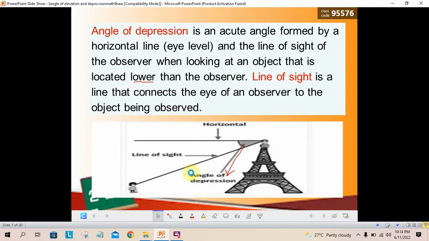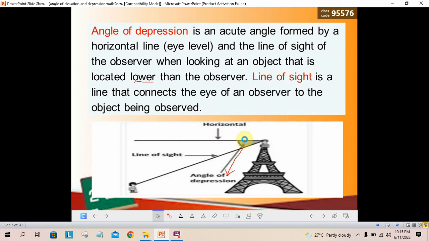Angle of depression is an acute angle formed again by a horizontal line, the eye level, and the line of sight of the observer when looking at an object that is located lower than the observer. If this is your observer and this is the horizontal line, and this is the line of sight to the object.